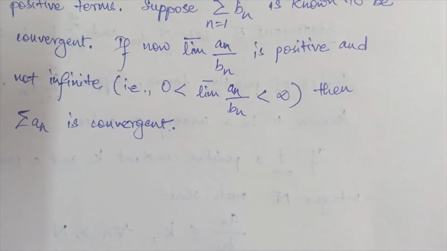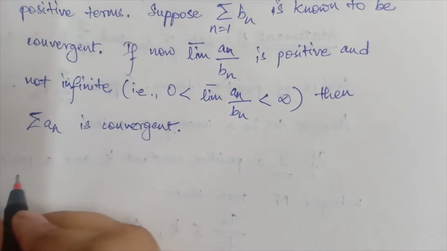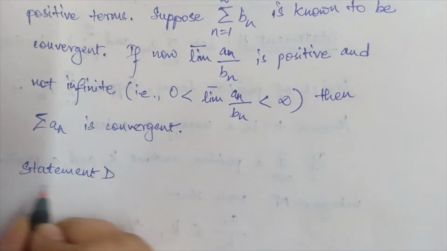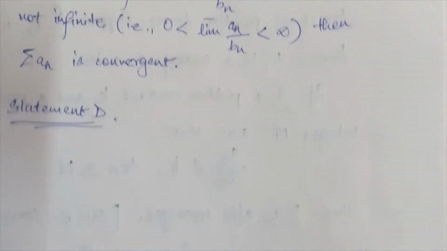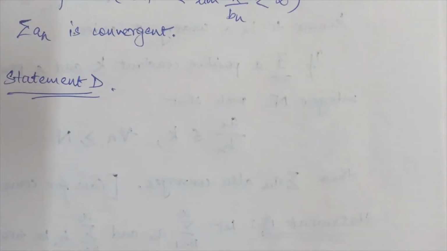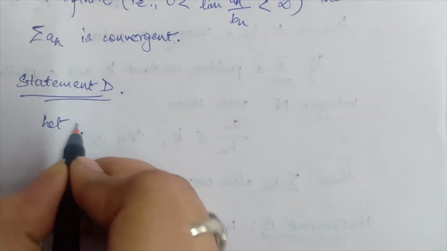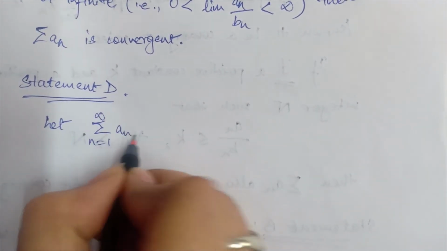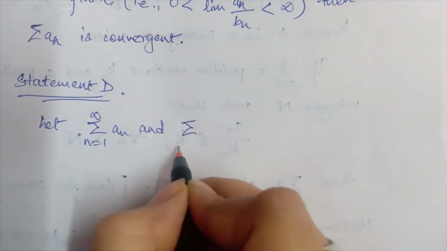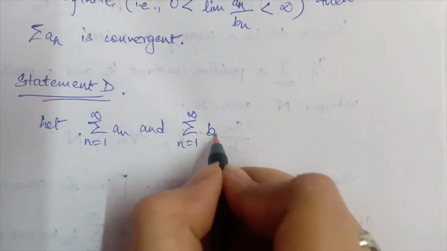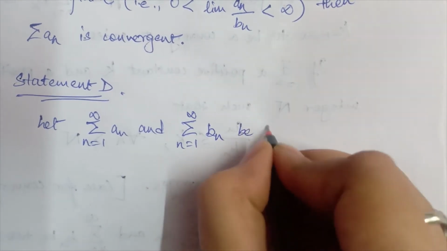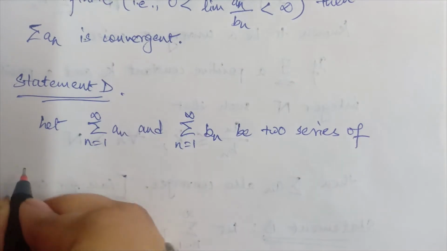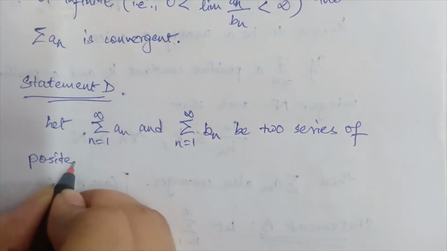Similarly, we have a same statement for divergence, which is statement D. Similarly, we write let summation n equals to 1 to infinity an and summation n equals to 1 to infinity bn be two series of positive terms.